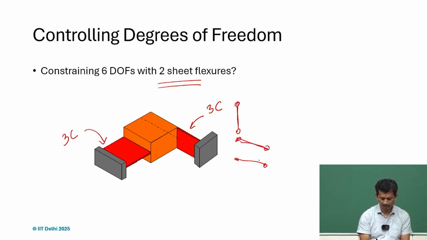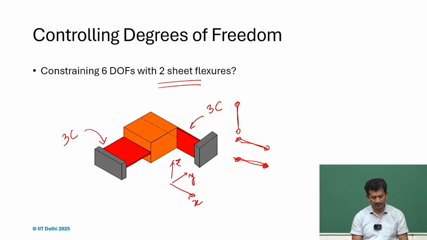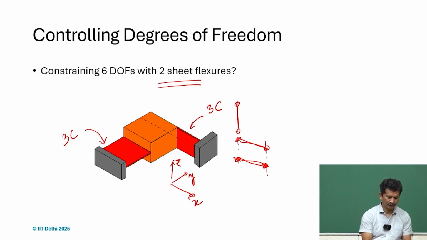If we define some axes, say x, y and z, yes, these are along the x axis, but this is making a plane. If we take this, what we realize is that it is equivalent to 2 constraints in the plane and 1 constraint along this line.